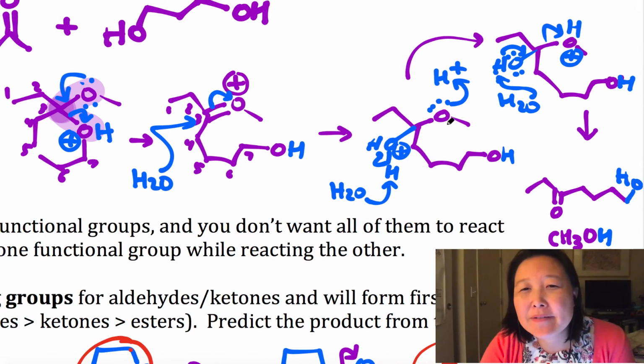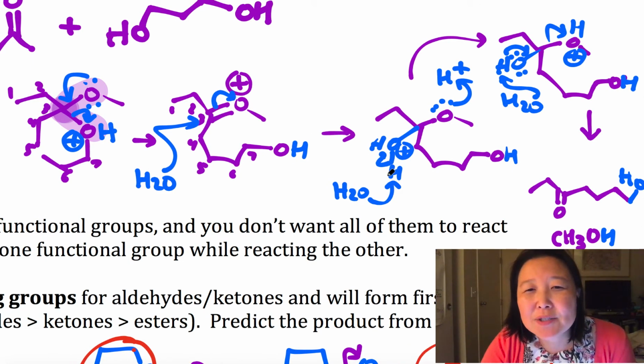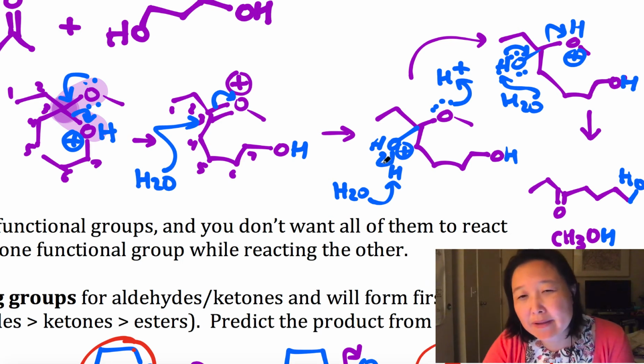The next part over here is to deprotonate this water, because this will ultimately be part of my carbonyl group, and to protonate this because I want this part to leave. When I have the OH group ready, then I could have water come in, grab the H, the bond between O and H breaks. I make a carbonyl here, and then I kick out the methanol, the protonated methoxy group.